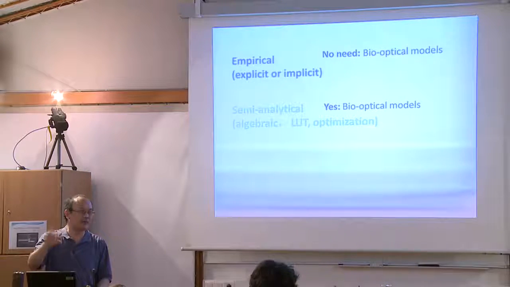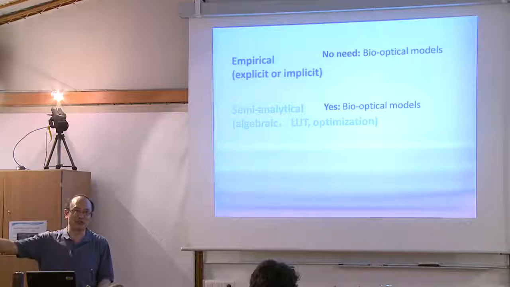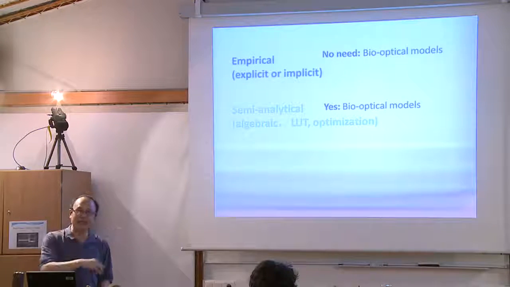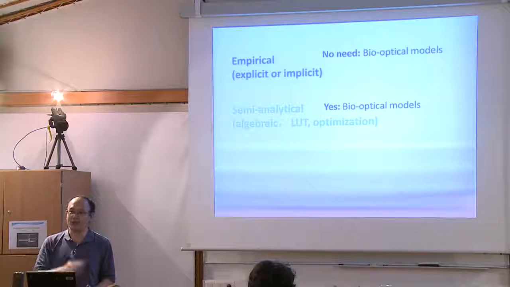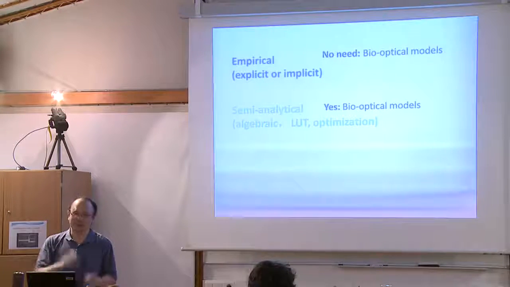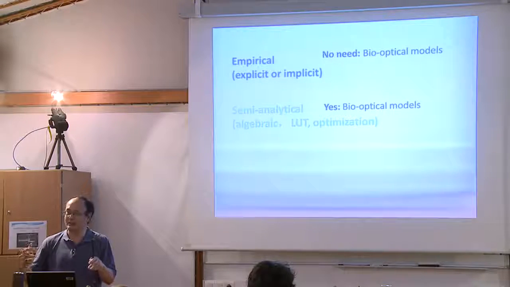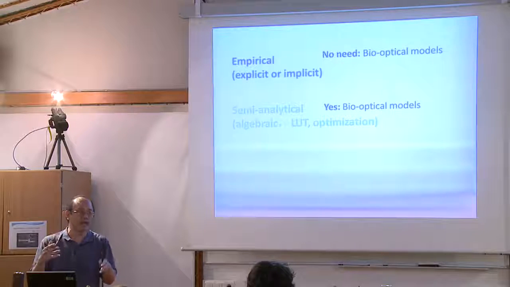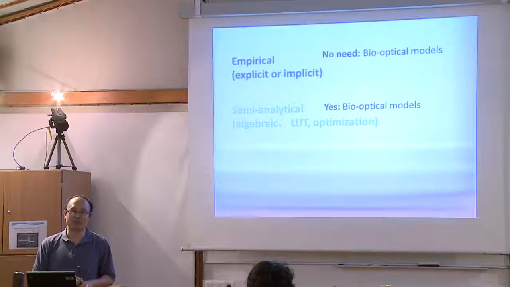Explicit means you simply have those mathematical functions presented in front of your eyes. Implicit basically means those neural networks, quote unquote, the black box. All those coefficients and relationships are embedded and hidden in those neural networks.